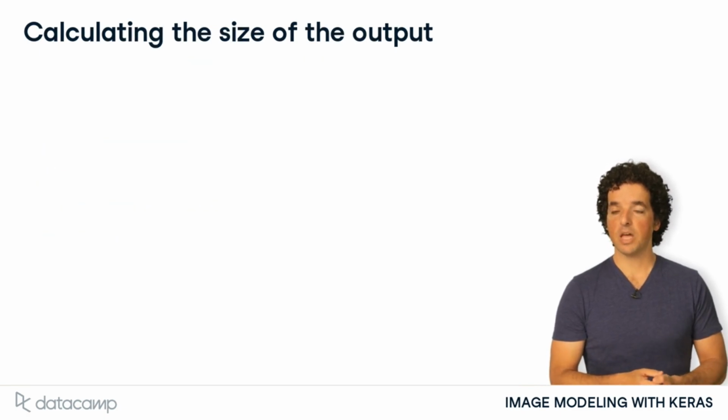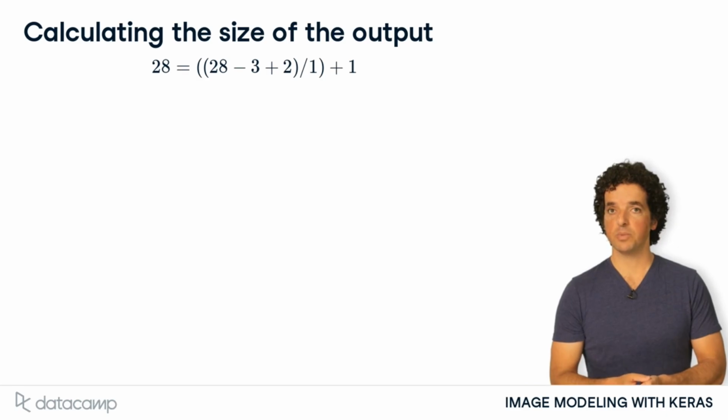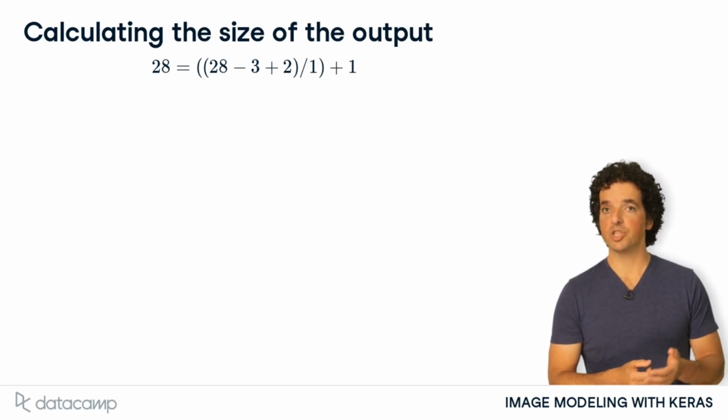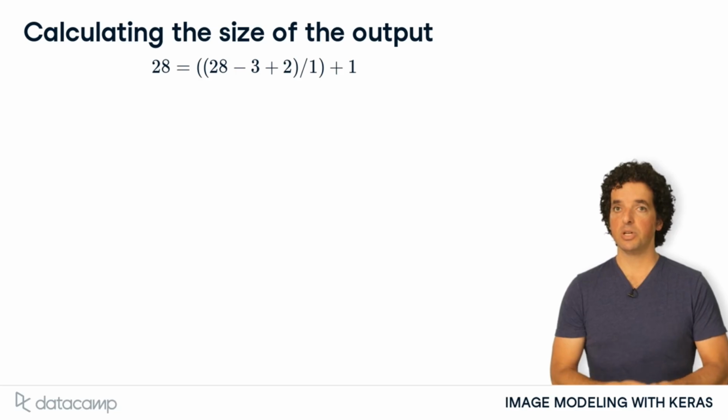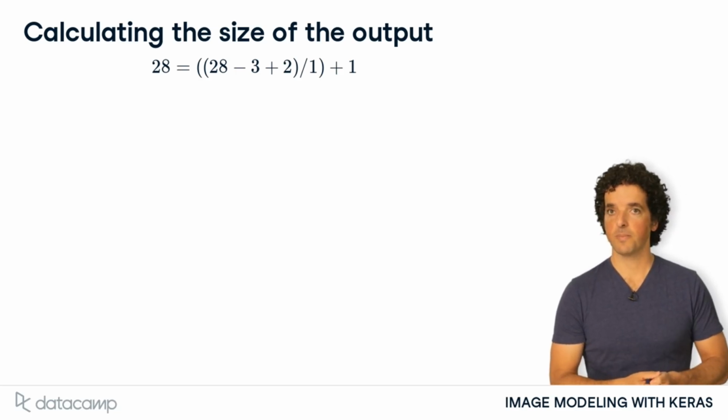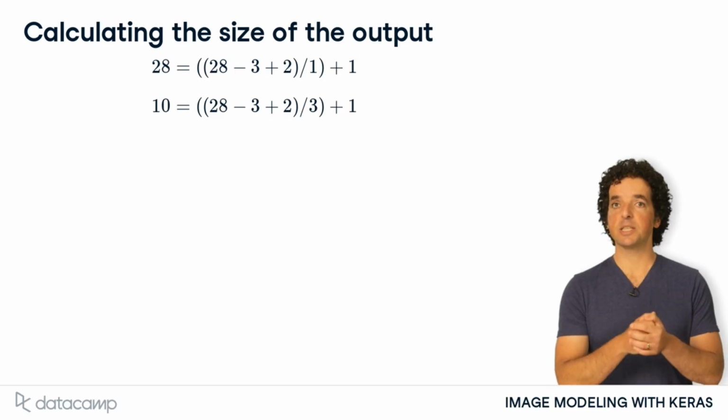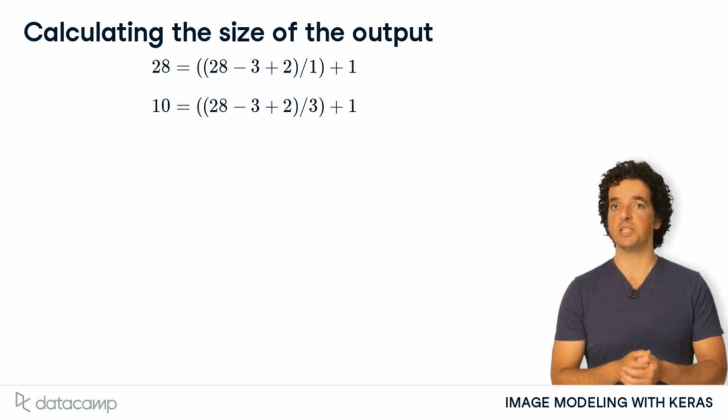For example, if the input is 28 pixels, the kernel is 3 by 3, the padding is 1, and the stride is 1, this number will be (28 minus 3 plus 2) divided by 1, plus 1, equals 28. If instead the stride is 3, the output size would be 10 by 10.